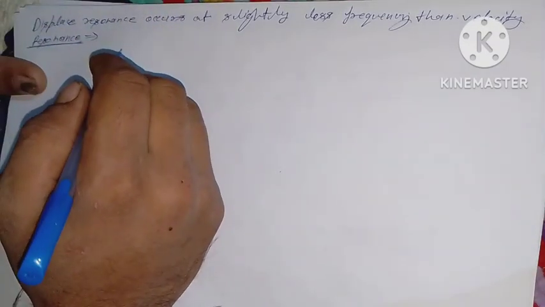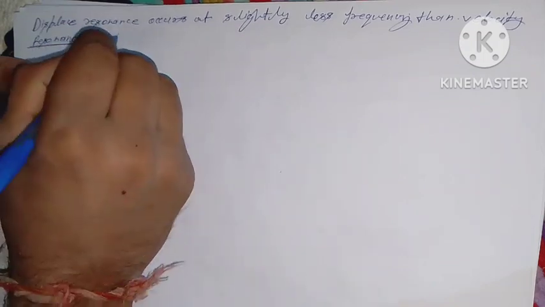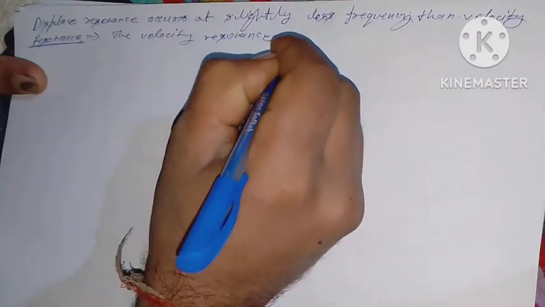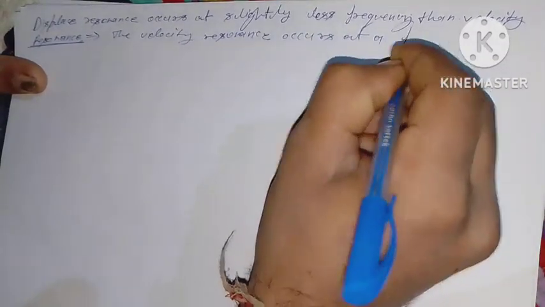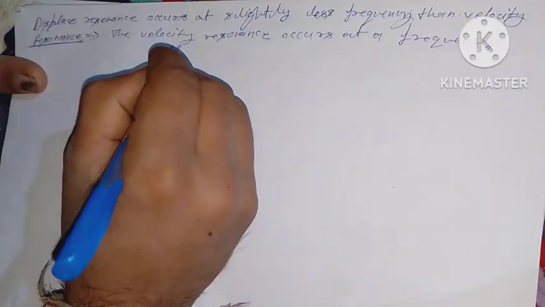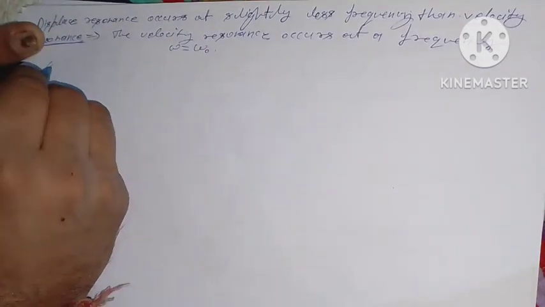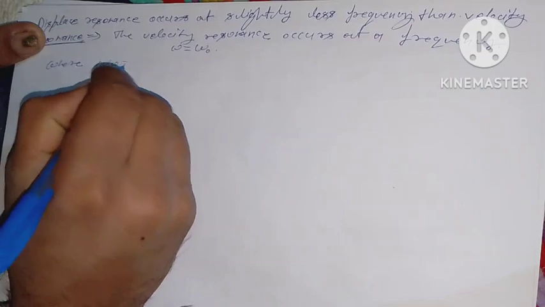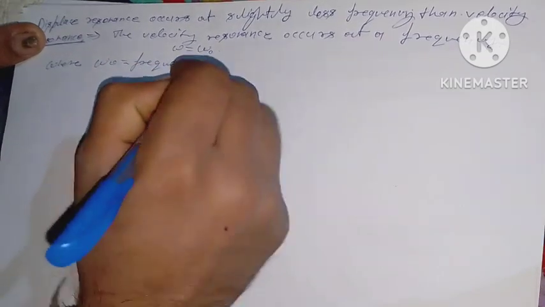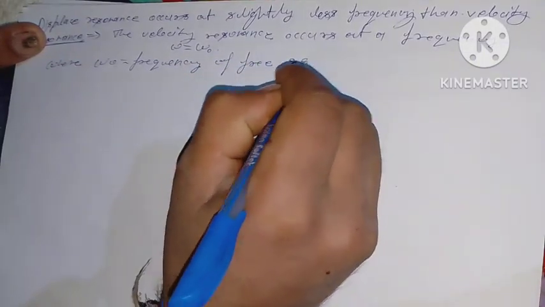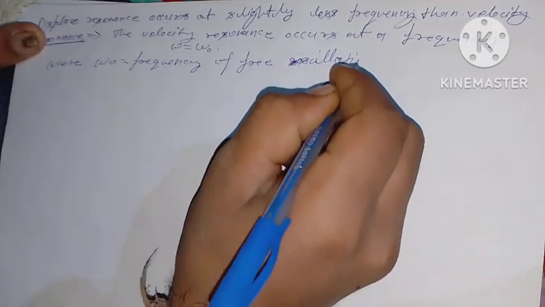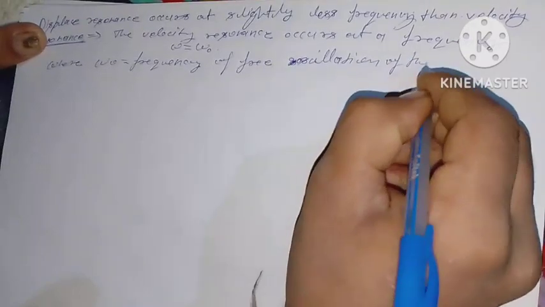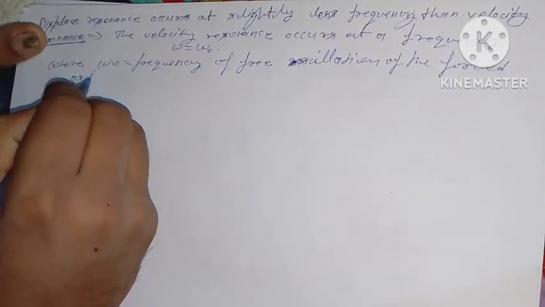The velocity resonance occurs at a frequency when omega equal to omega naught, where omega naught is the frequency of free oscillation of the forced oscillator.